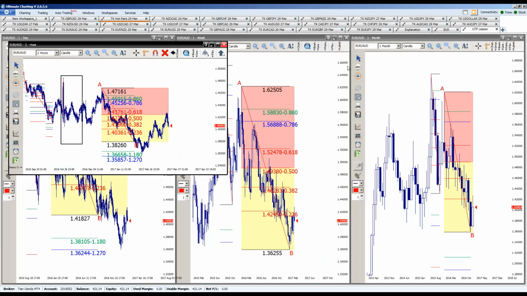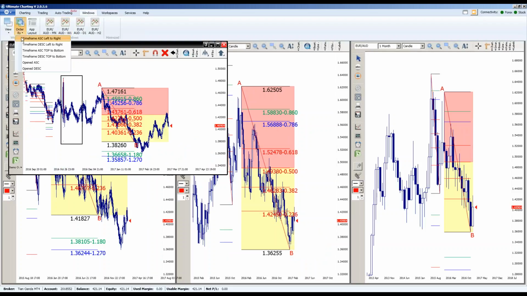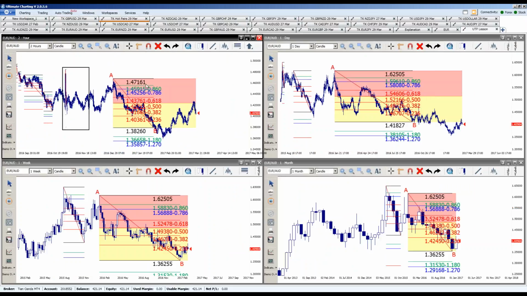So on the Euro Aussie, recently before the market changed direction, the 2-hour hit a D extension, the daily hit a D extension, monthly hit a D extension, as well as the weekly. Not exactly to the pip, but we can see that the D extensions are hit at the same time.